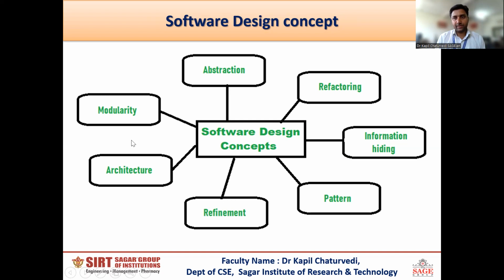In most of the UMLs we implement those representations to prepare the architecture of the problem. Modularity means dividing a problem into sub-problems. We can take the help of different designs to decide in what kind of modules we have to divide that problem.